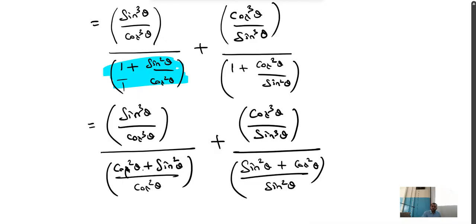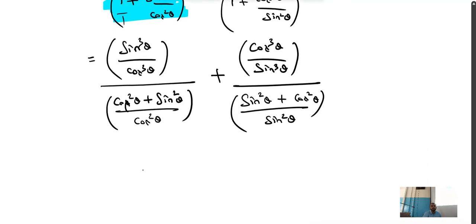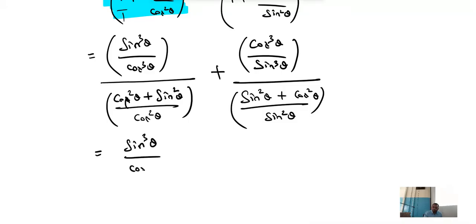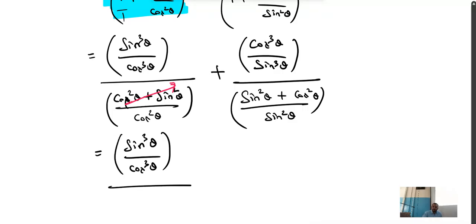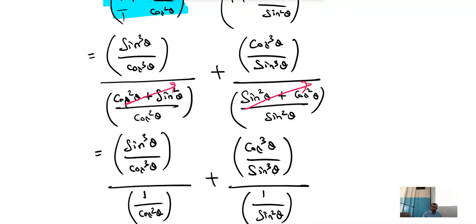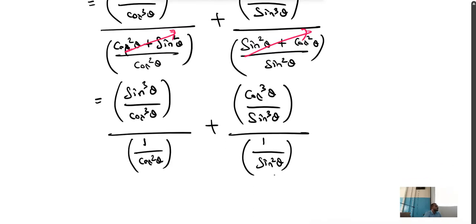Any doubts? Any doubts still here? Difficult? Then what is numerator? Sin cube theta by cos cube theta. Denominator, we know that sin square theta plus cos square theta is 1, by cos square theta, plus cos cube theta by sin cube theta divided by sin square theta plus cos square theta is 1 by sin square theta. Any doubts? Beta, samajh mein aayi?